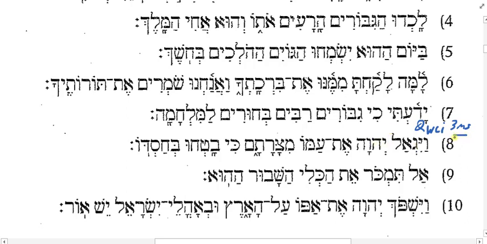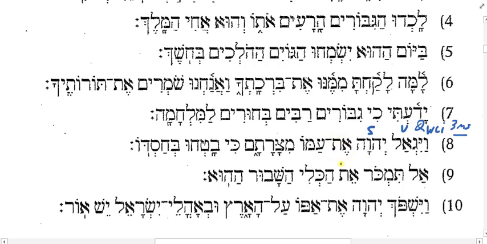If it's 3MS, it's either he or it's an explicit singular noun. Do I have a singular noun that could be the subject of this verb? Yeah, Yahweh is right here after the verb. So Yahweh redeemed. Et amo. He redeemed who or what? His people.